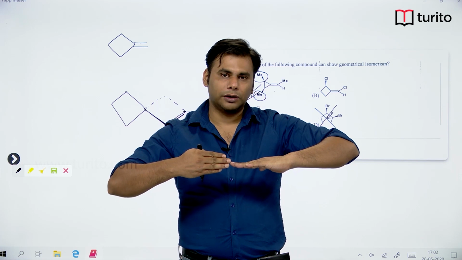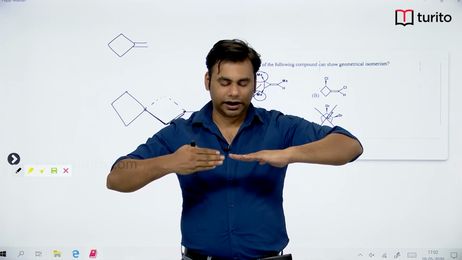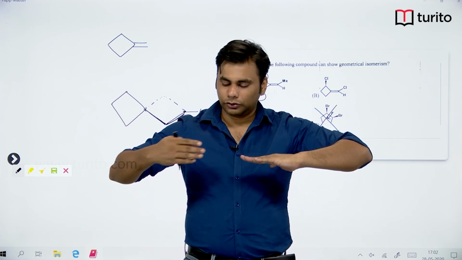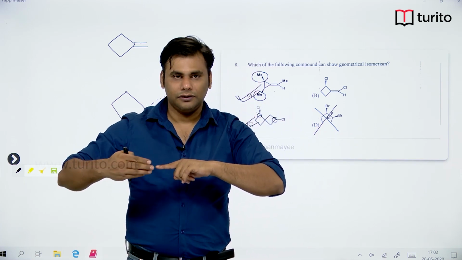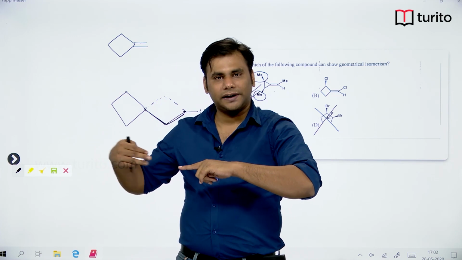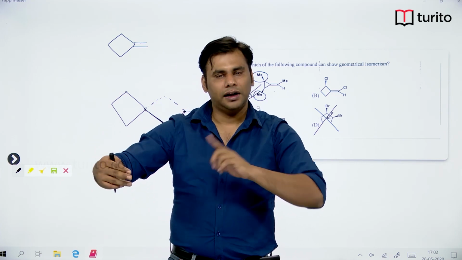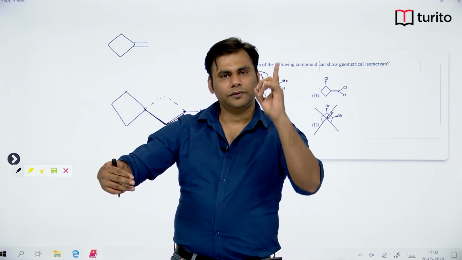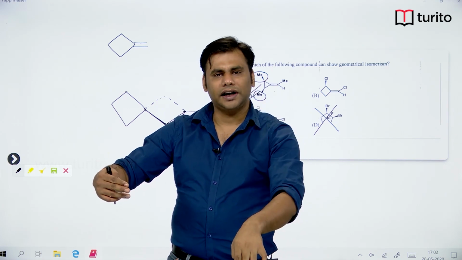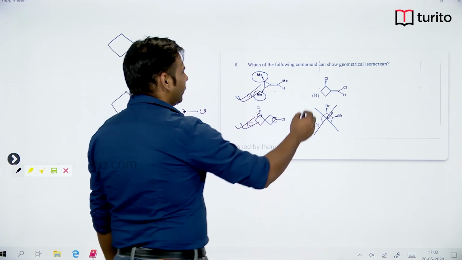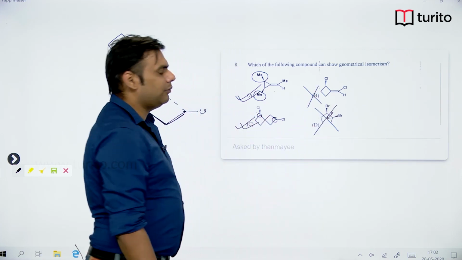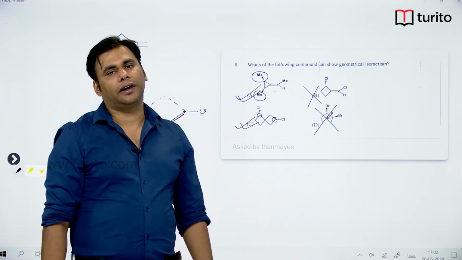So the Cl which is attached to this carbon could either be on this side or on the back side. If this Cl is on this side, coming above it, or going inside the plane, there won't be any change in the conformation. So this cannot show geometrical isomerism. A and B can possibly have geometrical isomers.